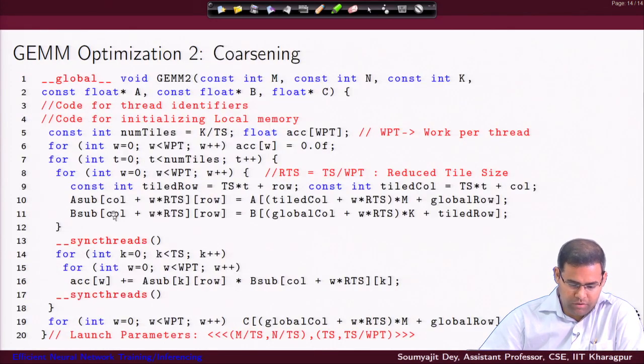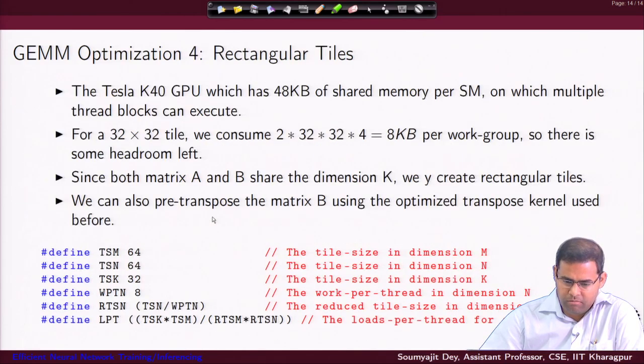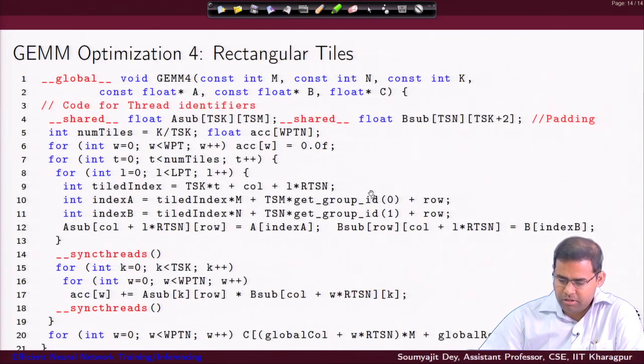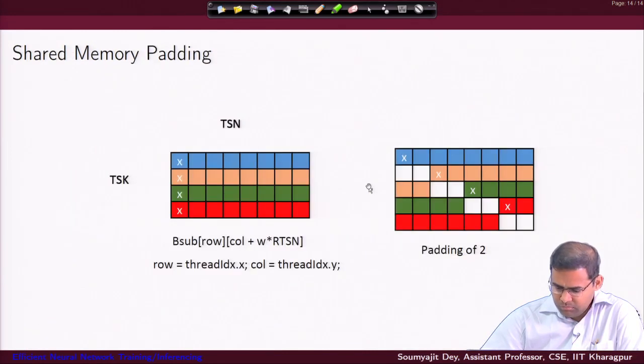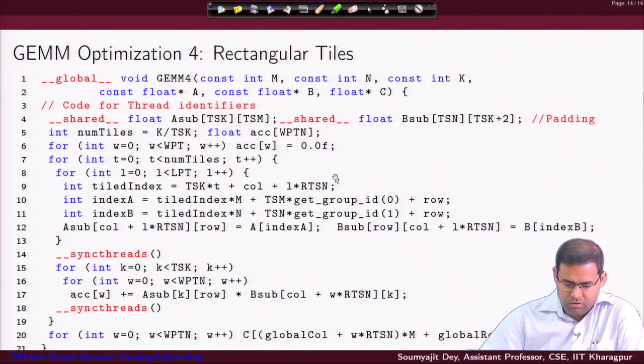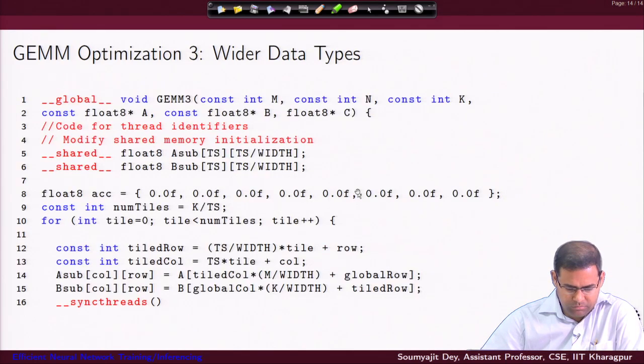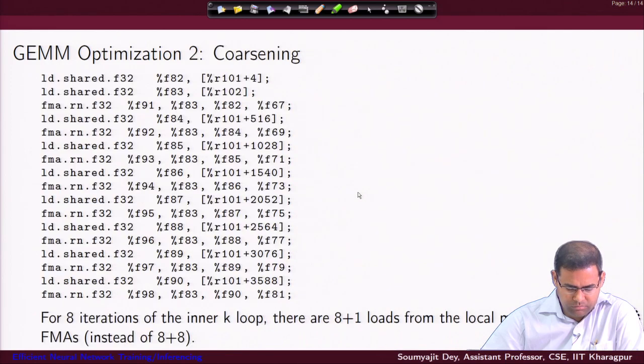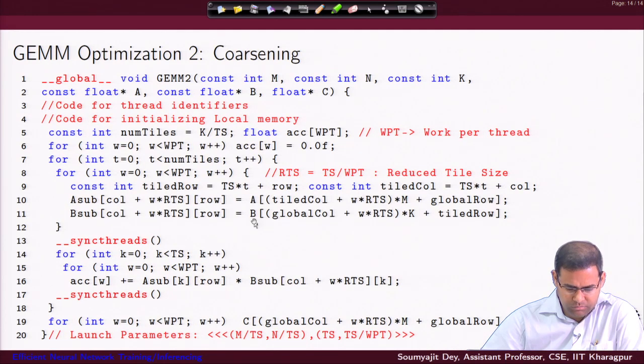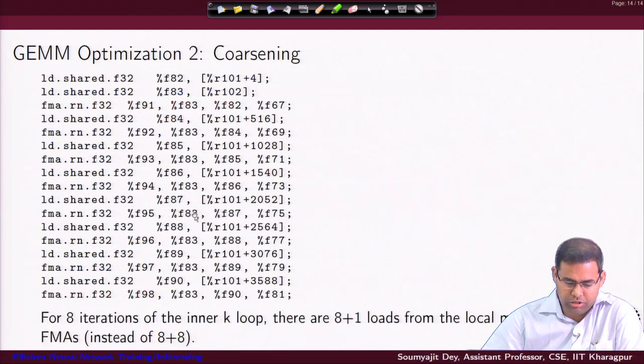If you see here, I have row in the second index, but for rectangular stores, we will actually load in the opposite way. This was your original code for optimization 2.